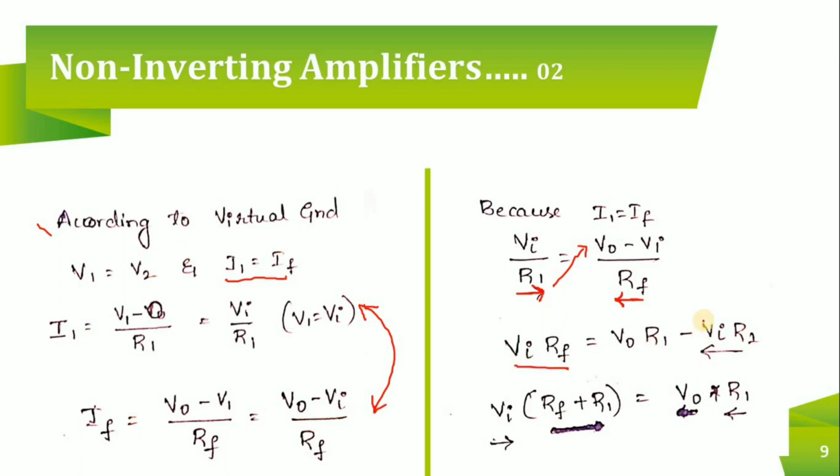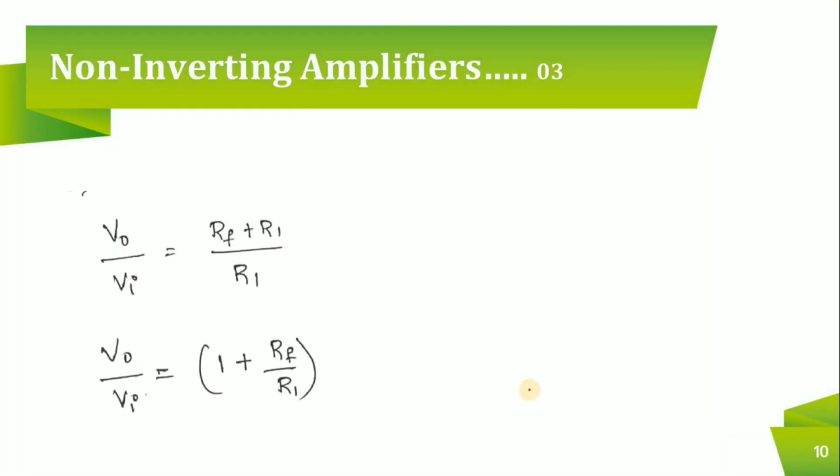Because you have Vi common here, I'll take Vi common, so it becomes RF plus R1. Now separate the voltage terms and resistance terms. I get V0 by Vi is equal to RF plus R1 divided by R1. If I separate the denominator, I get RF by R1 plus R1 by R1. R1 and R1 get cancelled, and you will be left with 1 plus RF by R1.